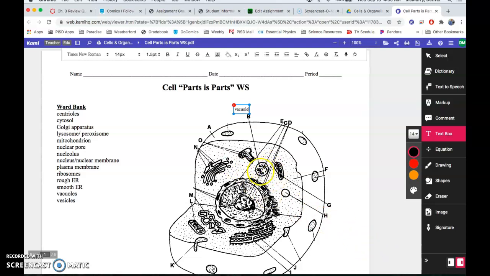So that would be a vacuole. A smaller one is going to be a lysosome. Now, vesicles, for the most part, are going to be either coming or going, or they're fusing with the membrane and spitting something out, or the membrane pinching in and making a vesicle. So we're going to go with those vesicles right there.